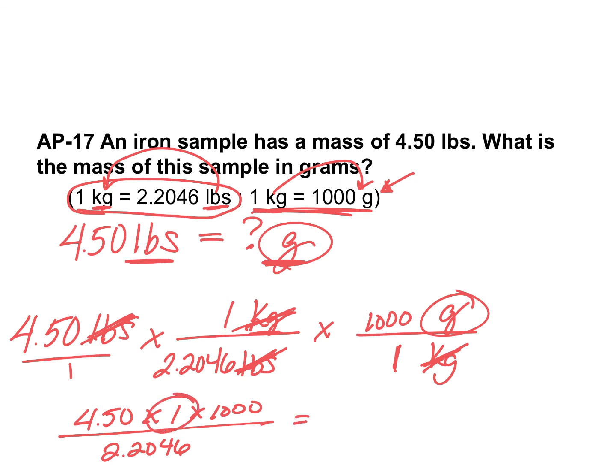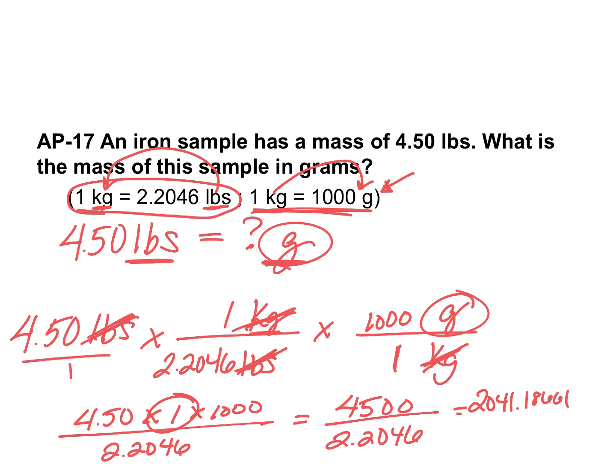So 4.50 times 1,000 is 4,500, divided by 2.2046. Plug that into your calculator and you get 2041.18661. So that's the unrounded answer.